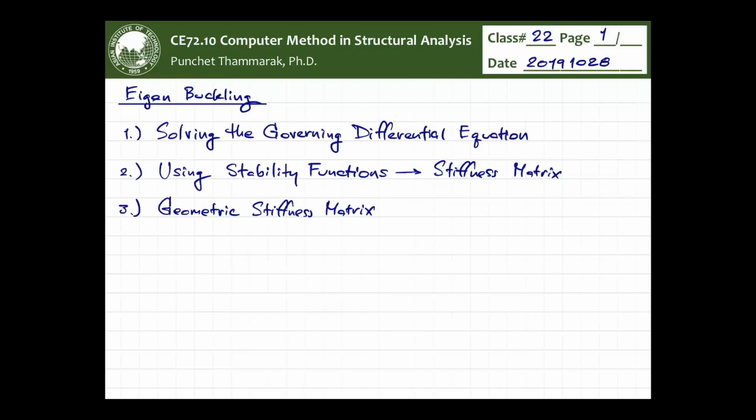This approach introduces the second order effect, and the derivation for the geometric stiffness matrix will be in the finite element course, because we are going to use the approximate deformed shape, which is a concept of finite element methods. So it will be in the next semester.